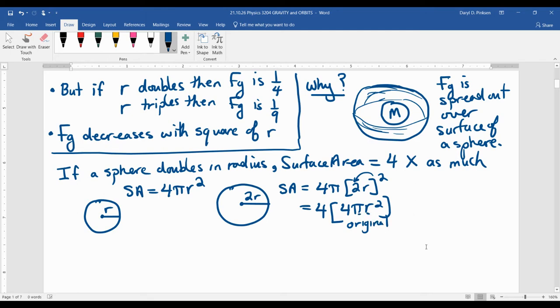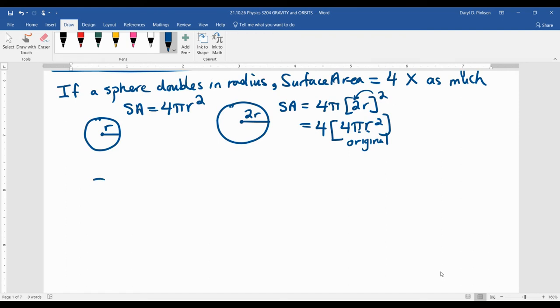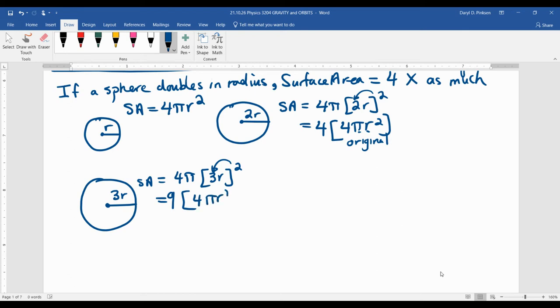And if we make our sphere even bigger, let's say this is 3R, then the surface area would be 4 pi times 3R squared, which is, square that 3, 9 times 4 pi R squared. So you see what happens. Every time we change the radius, we end up with a sphere that is the square of that radius bigger than the one before. Doubling the radius gives you 4 times the surface area. Tripling the radius gives you 9 times the surface area.